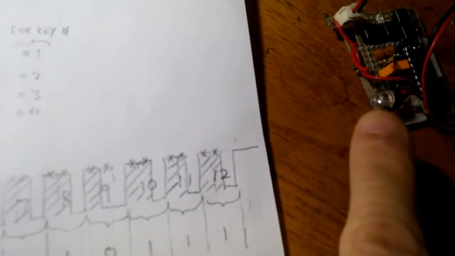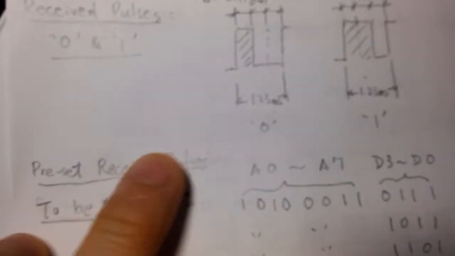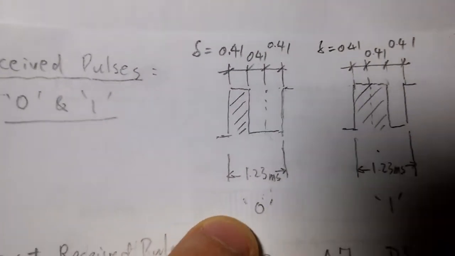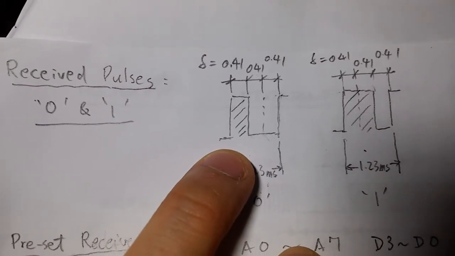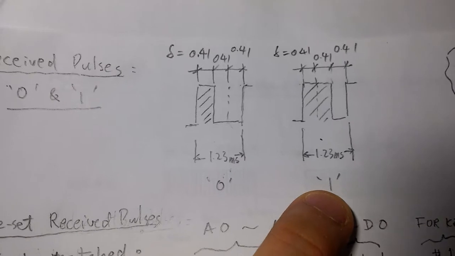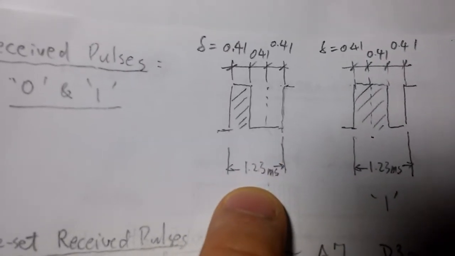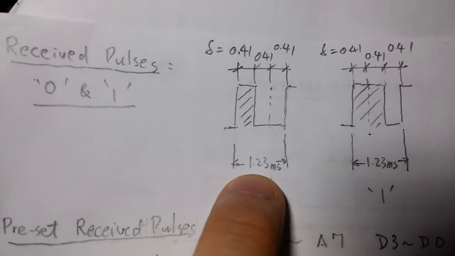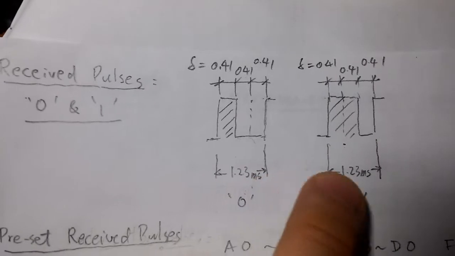And for my IR transmitter IC, for 0 bits, the pulse shape is this, and for 1 bit is this, and they are of time length 1.23 millisecond. They both are the same.